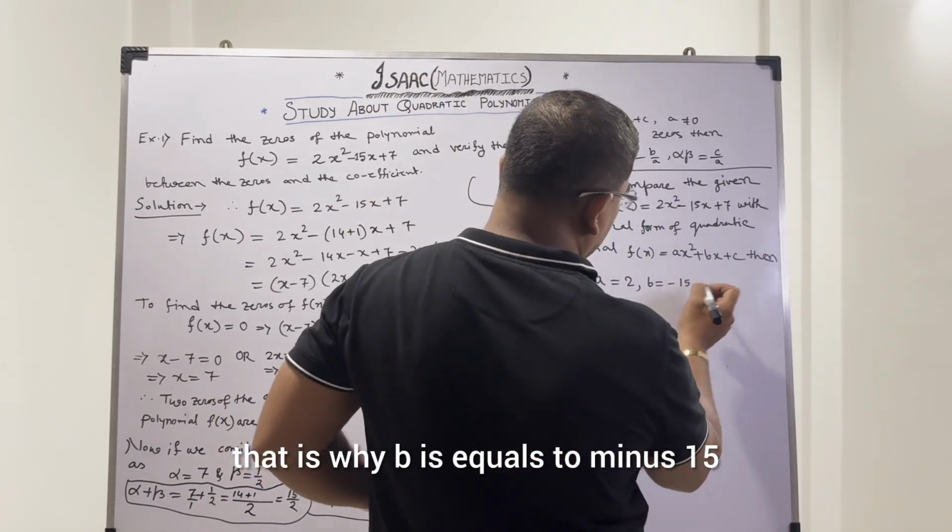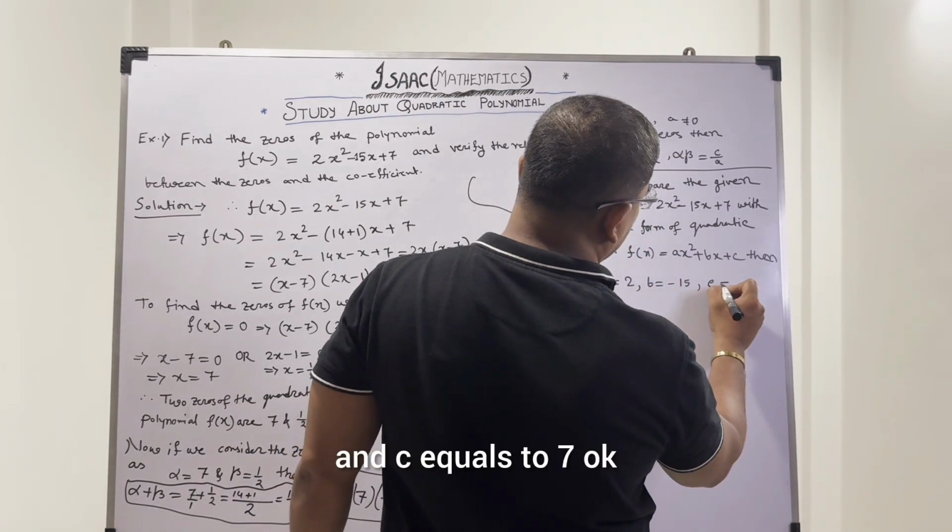That is why b is equal to minus 15, and c equals 7.